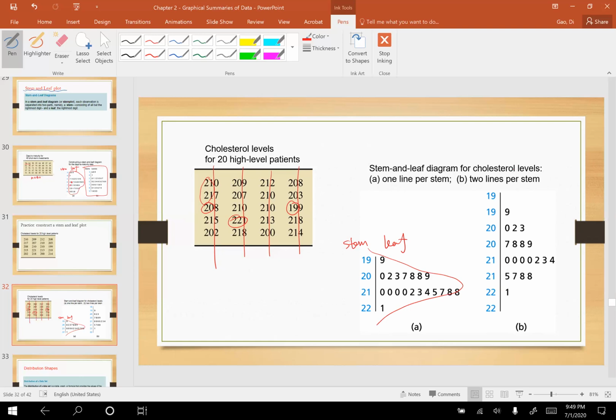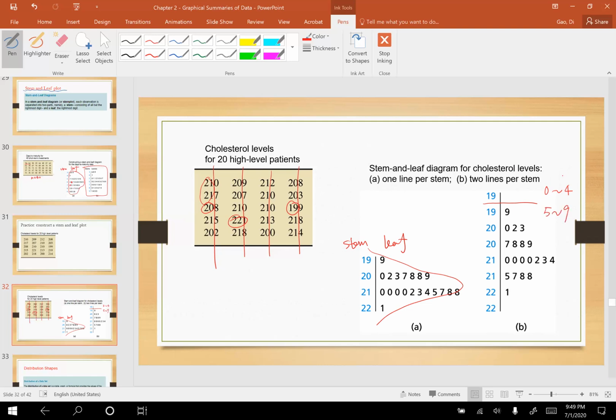For the first line of 19, that includes digits from 0 to 4, and the second one is from 5 to 9.